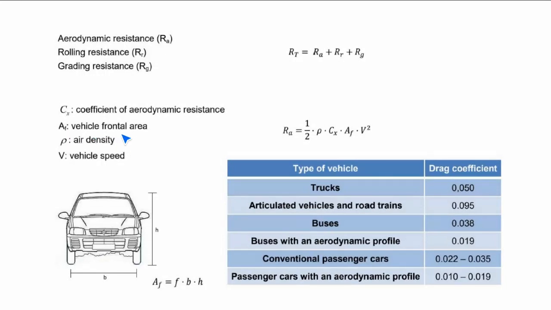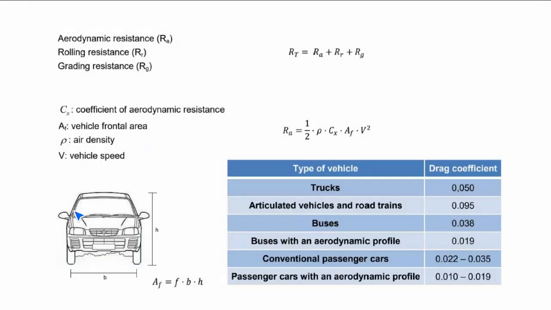Another one, AF, is important. AF is calculated according to vehicle dimension. We have a figure here. If you know the wheelbase B and the height of the vehicle H, also we have F. AF is calculated by F times B times H. You know the B, you know the H. What's the F?